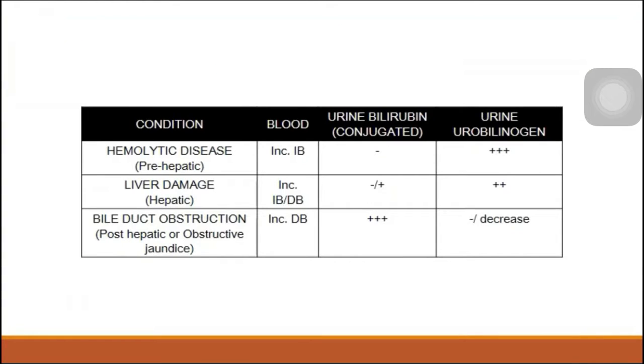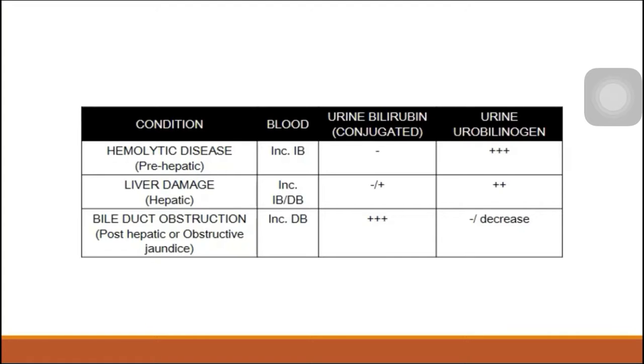So remember, in the prehepatic phase, as in hemolytic anemia or hemolytic disease, indirect bilirubin is increased in the blood, with negative urine bilirubin, of course, and positive urine urobilinogen. Now, in the hepatic phase, which is mainly associated with liver damage, both indirect and direct bilirubin are increased in the blood.